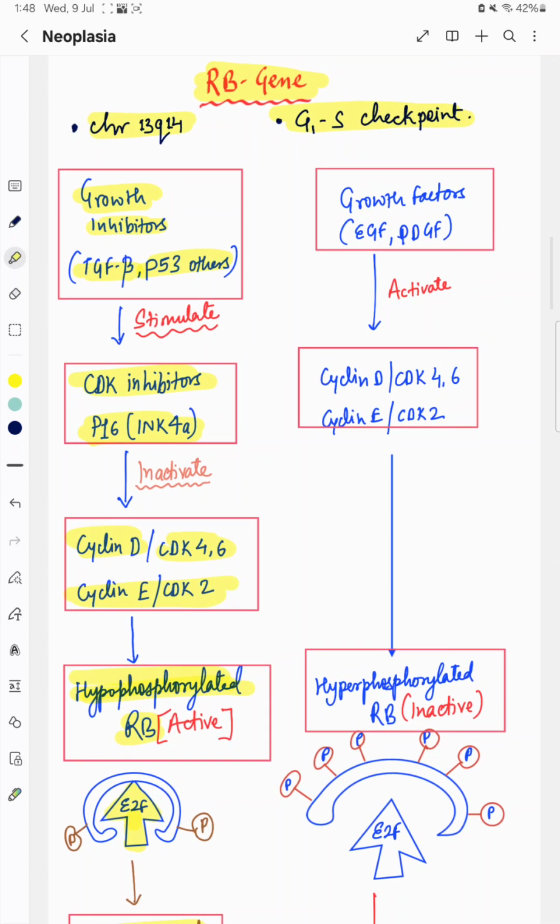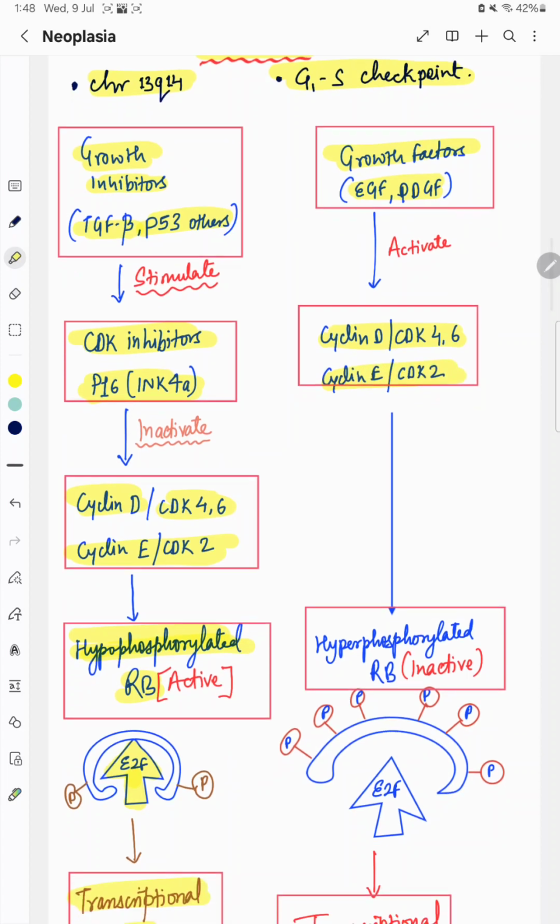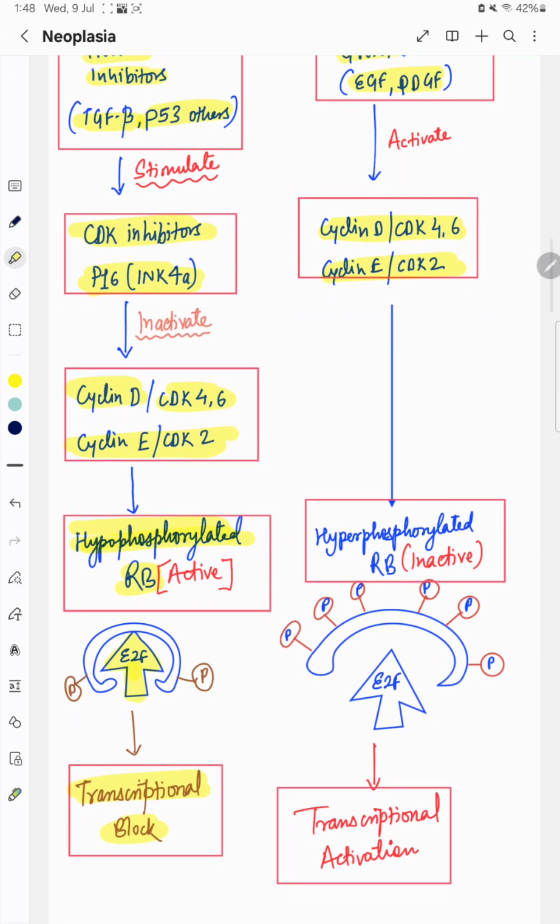On the other hand, growth factors like EGF, PDGF activate cyclin D, CDK4 and 6, cyclin E and CDK2. They will result in the hyperphosphorylation of the RB gene and make this gene inactive.